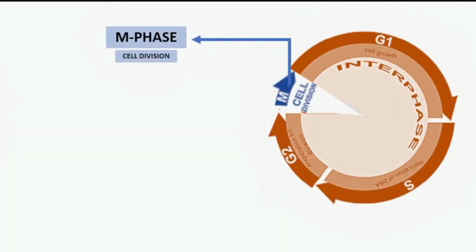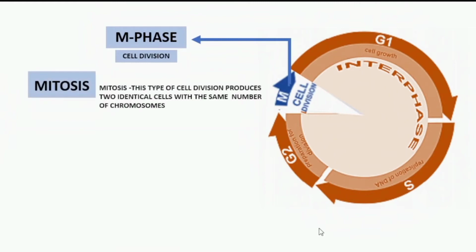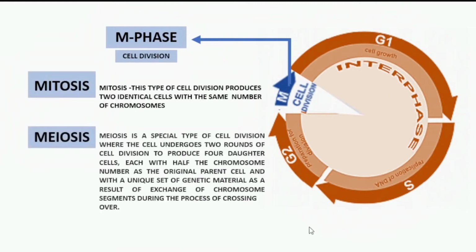Alternating with the interphase is the cell division phase or M phase. In eukaryotic cells, there are two types of cell division, mitosis and meiosis.